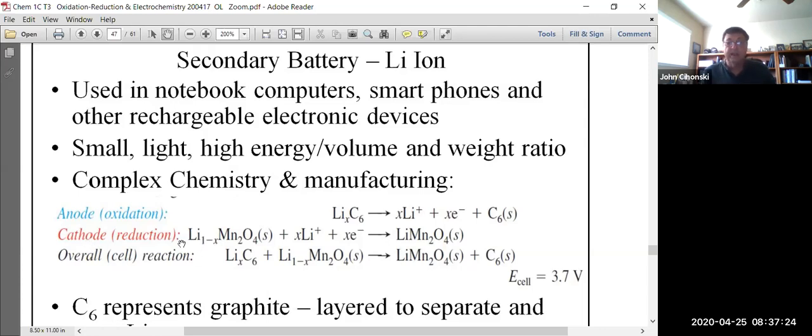Well, we have this mixture. It would be lithium 1 minus x, and I'll get to that in a minute, with manganese 2 tetroxide. Okay, now this lithium will neutralize the charge on this particular species.